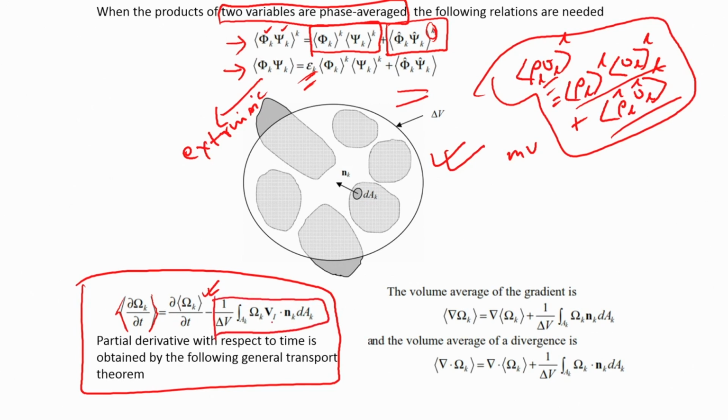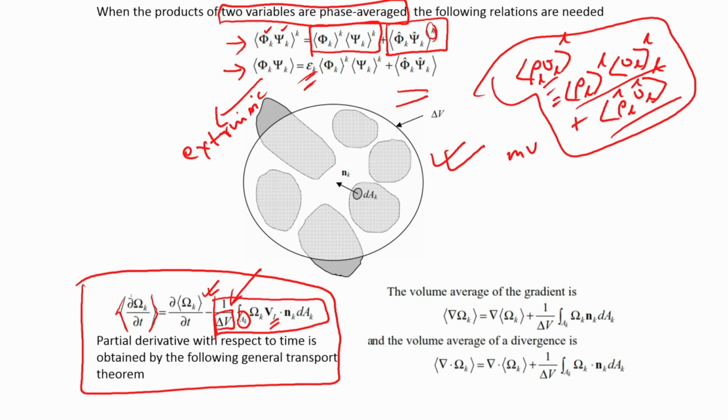This flux term, this I is basically the interface velocity. So, it is the interface velocity, and this A k is once again the area of that individual component of that individual phase, okay, and this is the total volume. This is the extrinsic phase average. So, the total volume comes into the picture, got it.